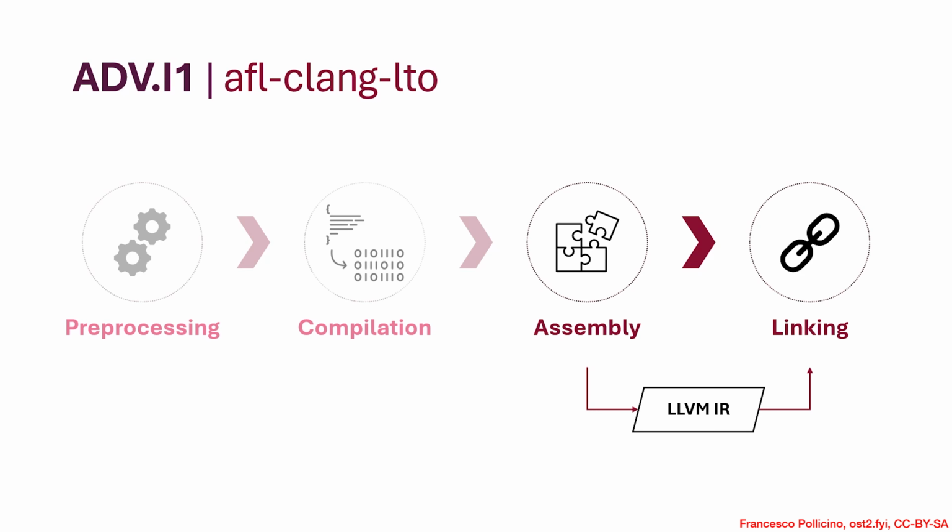In our case, the intermediate representation is LLVM intermediate representation, because of course we are using LLVM-based compilers. This intermediate representation is a low-level version of the program, but it's still independent of the target architecture and can be optimized even further. Then, during the linking stage in LTO mode, the linker doesn't just combine object files, it also performs extra optimization across the whole program.